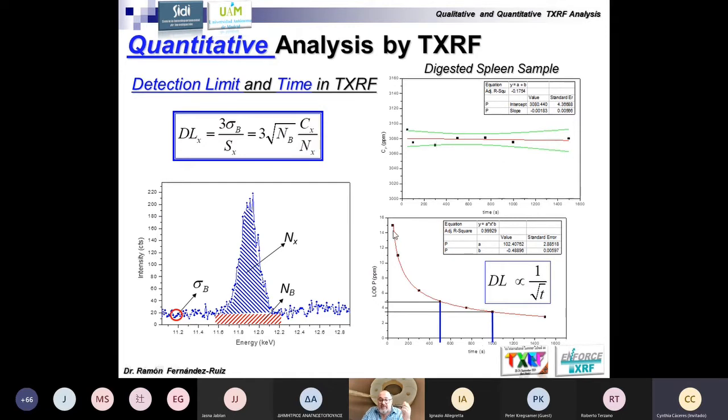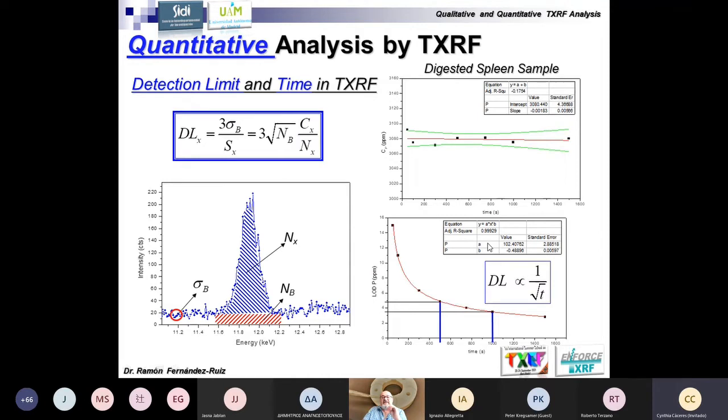But if we evaluate the detection limit for each one of the spectra, you can see that it follows in a perfect way this equation, that is the inverse of the square root of the time. And wow, it is perfect. Really, the correlation is of three nines, which is very high.